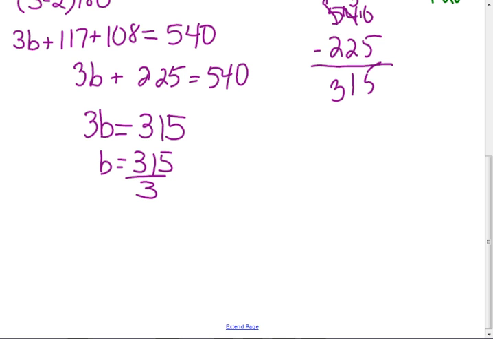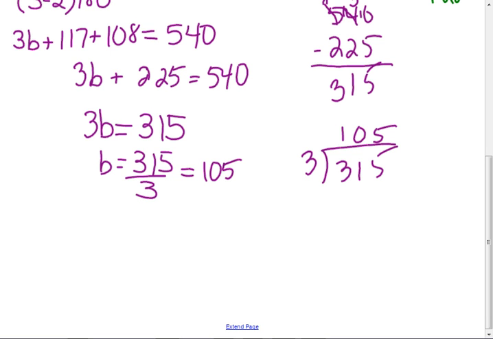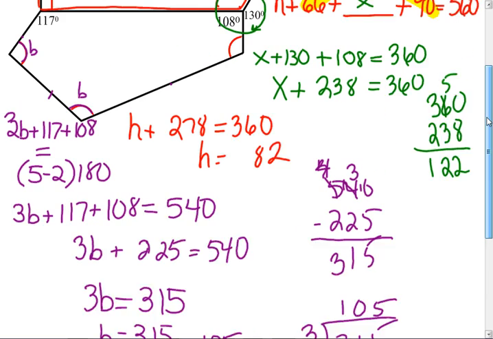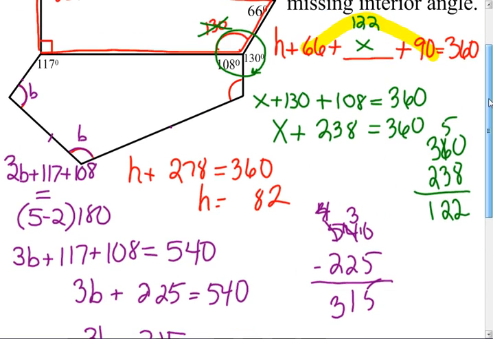I think I did it wrong in another class, but I think I missed a B. Okay, so 105. Okay? Any problems with that? None at all.